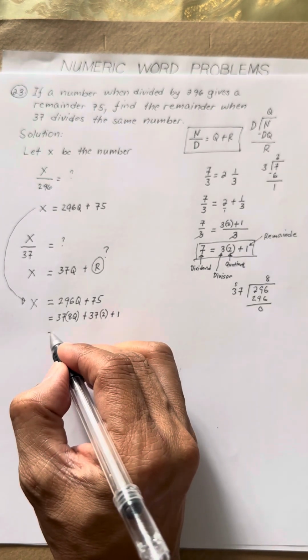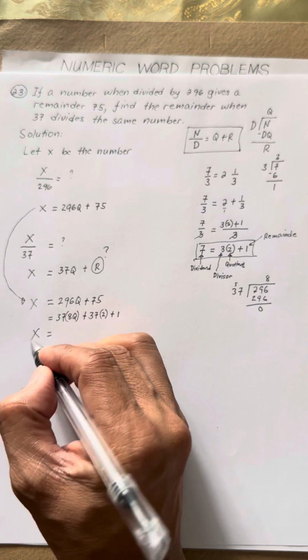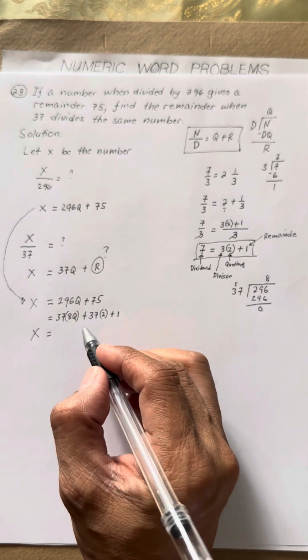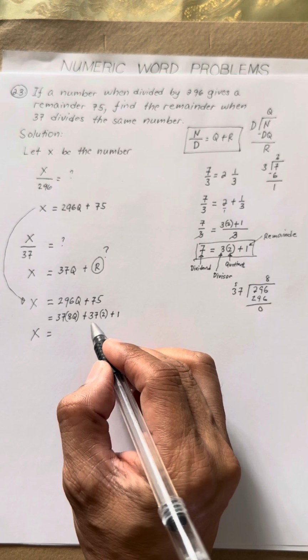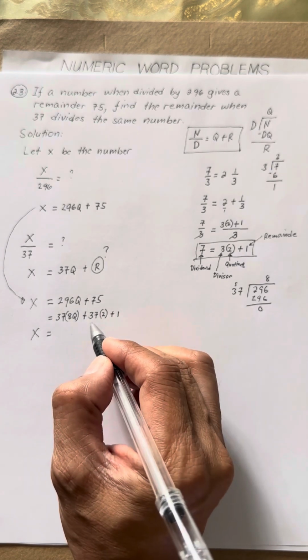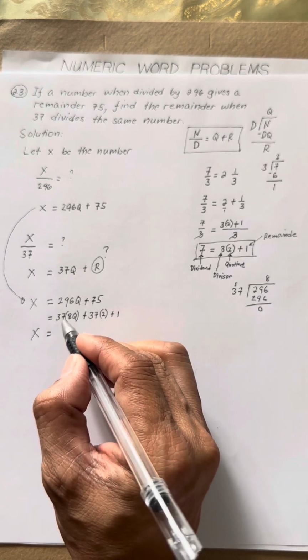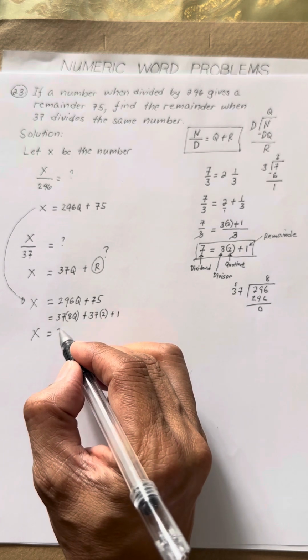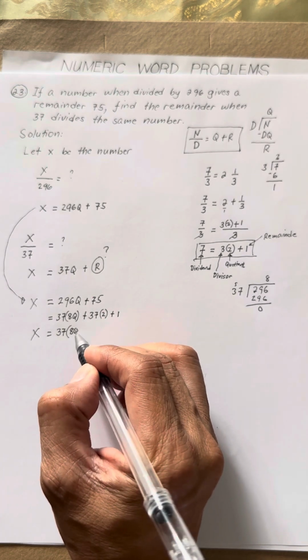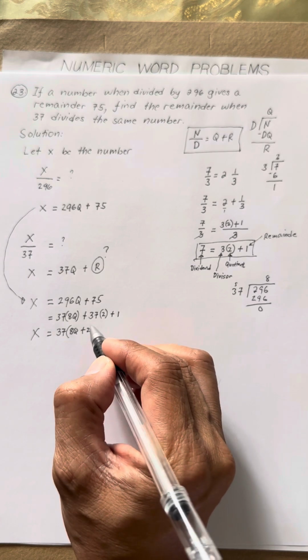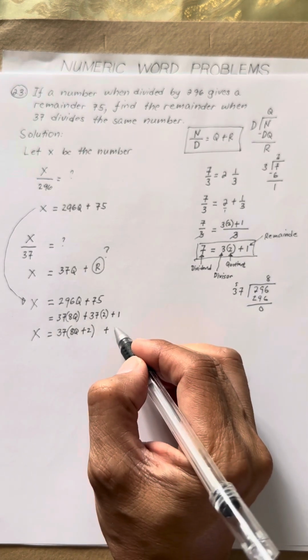Alright? Now, if you look at the resulting equation, we have common 37. So we can factor out, this is our first term, second term, third term. For the first and second term, we have common 37, so we can factor this out. So this is 8q, then plus 2, plus 1.